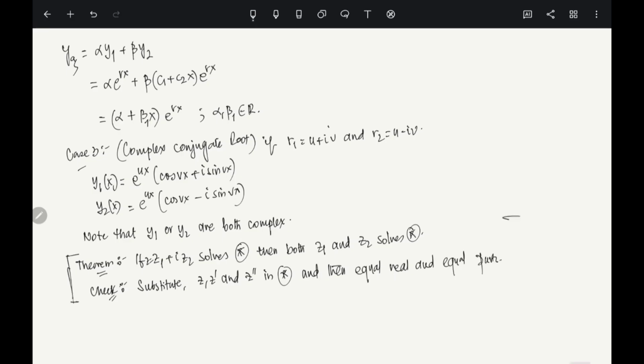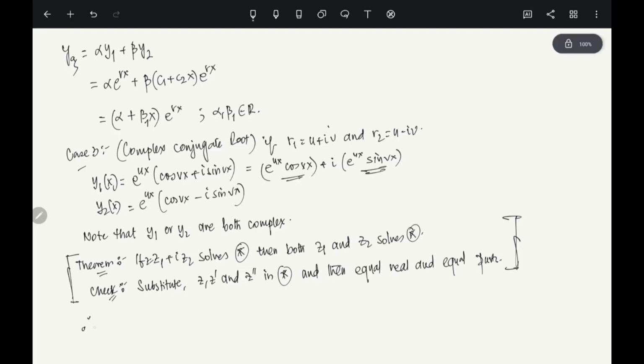I am going to use this theorem here. What I have said is that z is z1 plus i z2 and it solves the equation. If you see properly, it is e power ux cosine vx plus i times e power ux sin vx, and similarly y2 with a minus sign. Since z equals z1 plus i z2, here z1 is this, z2 is this, and both of them solve the equation individually, and they are real.